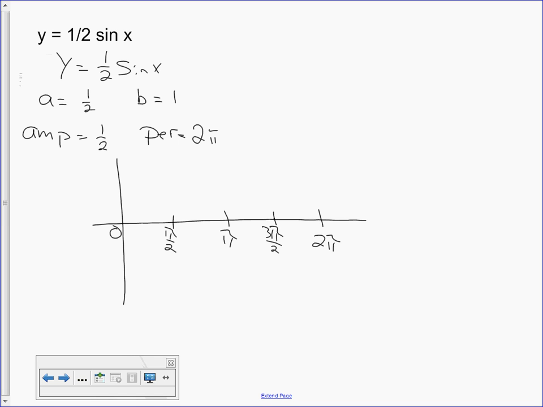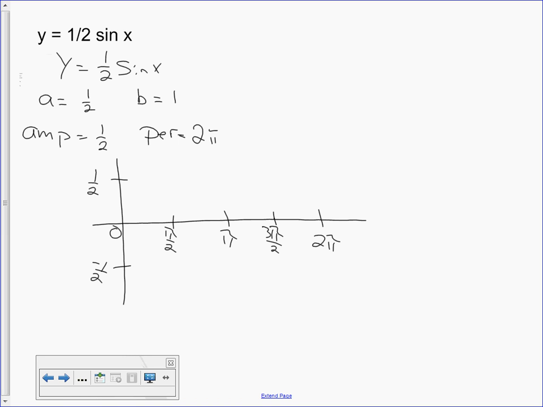And now my amplitude is what? When B changes, it just means that the numbers along the bottom change. So now my amplitude is a half. Do I have to mark it at 1 and cut that in half to make it look fancy?